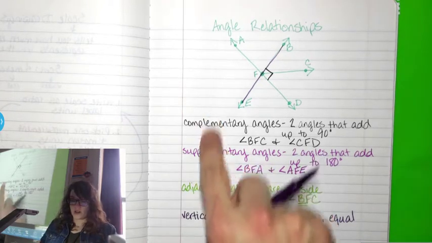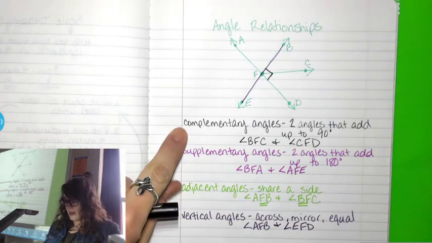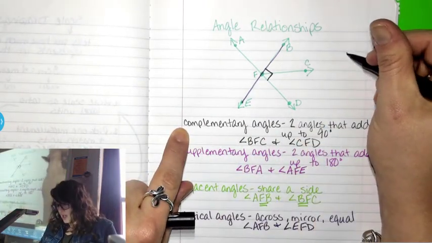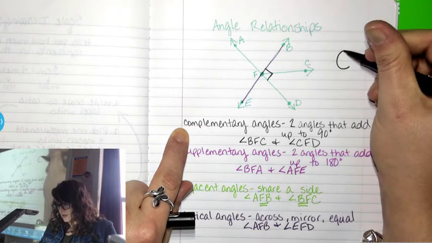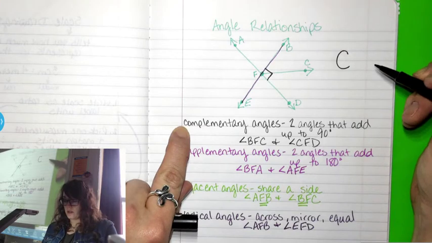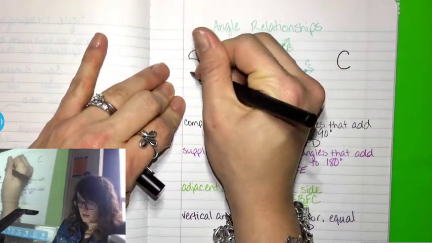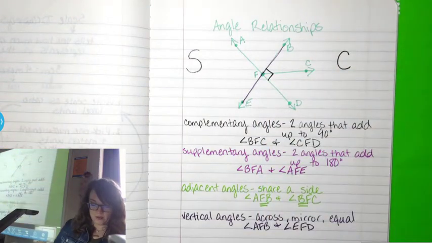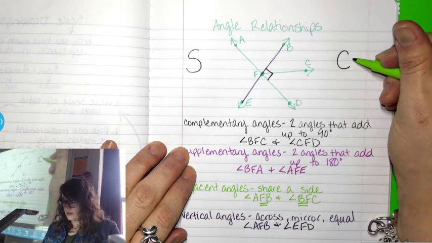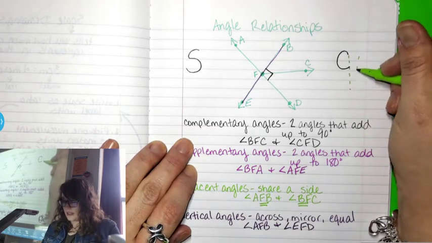All right, a trick with complementary and supplementary before we move on. If complementary goes to 90, draw a C for complementary and an S for supplementary. The C can make a 9 for 90.